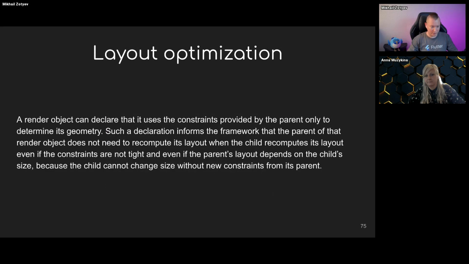And also the last optimization is that a render object can declare that it uses only the constraints provided from the parent to calculate size, nothing else. And in this case, even if the parent watches this child, observes its changes and so on, nothing will change after layout calculation without changing constraints.